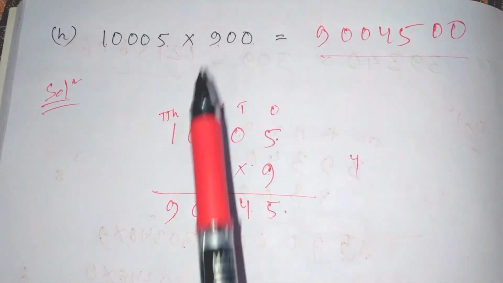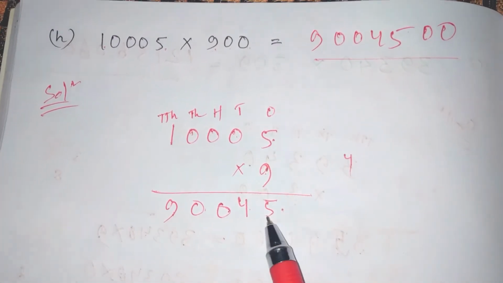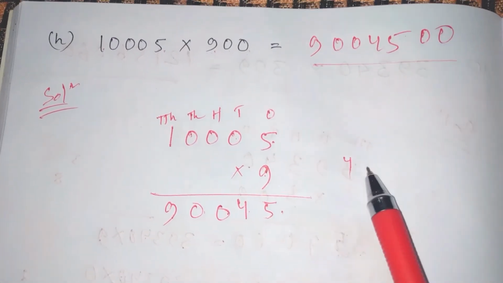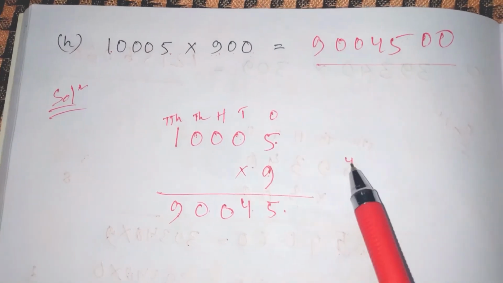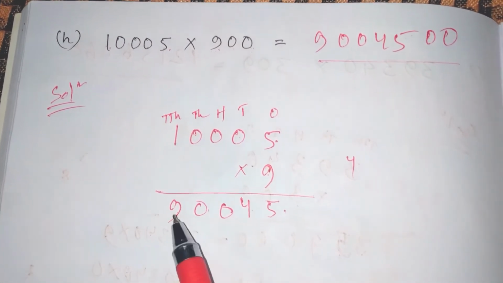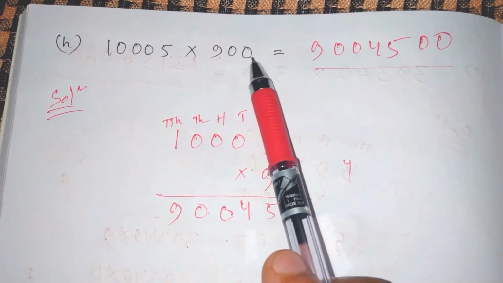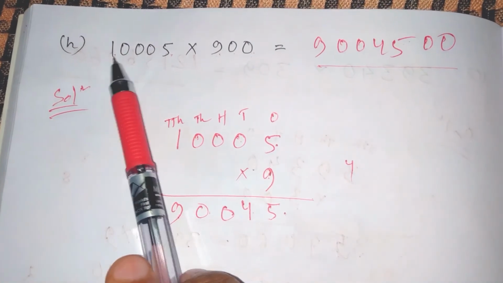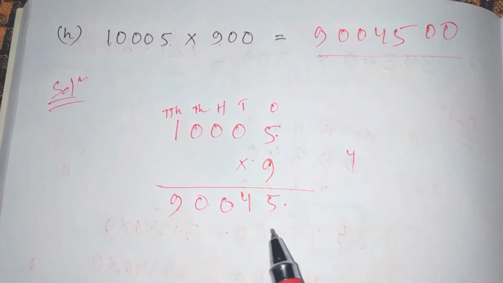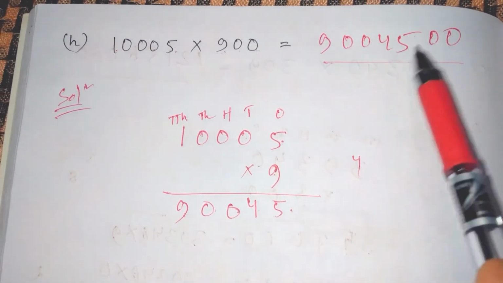So I have written only 9 here. 9 into 5 is 45, 5 I'll be writing and 4 will be in hand. 9 into 0 is 0, so 4 will be written. 9 into 0 is 0, 9 into 0 is 0, 9 into 1 is 9. That means 90045, and along with it you have 2 zeros. So here I have multiplied this number with 9 only, and then I have added 2 zeros from the right side. Okay, so this is the product.